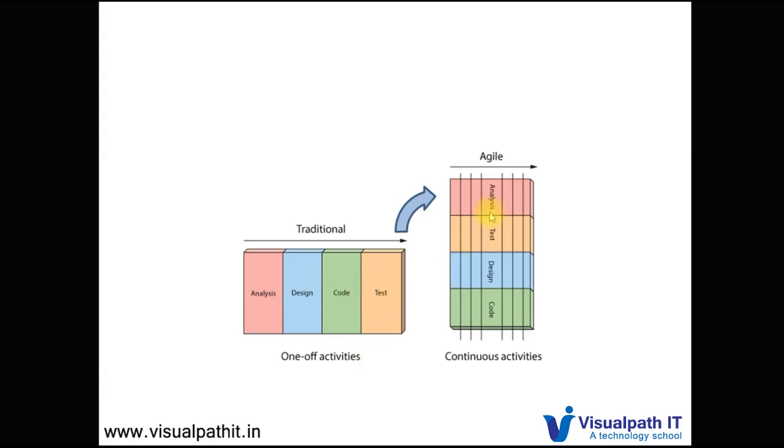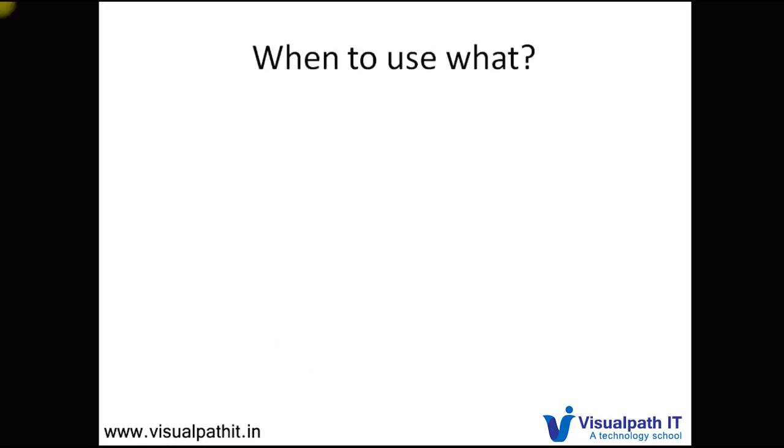But in agile, in a single sprint, instead of taking all the requirements, we will pick a bunch of requirements, and we will analyze, design, code and test that small set of requirements. So this is the basic difference between waterfall and agile.